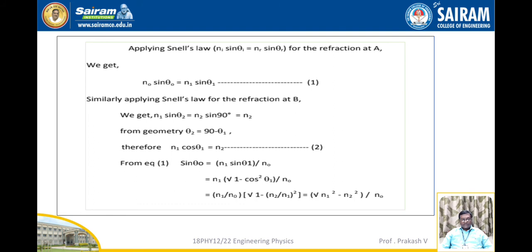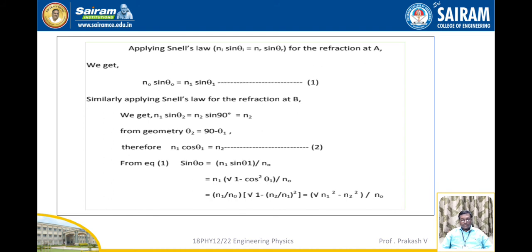Now by applying Snell's law for the beam entering the optical fiber, we have N0 sin theta naught is equal to N1 sin theta 1. Consider this as equation number 1. Similarly, by applying Snell's law for the refracted beam at B, we can write N1 sin theta 2 is equal to N2 sin 90 degrees.